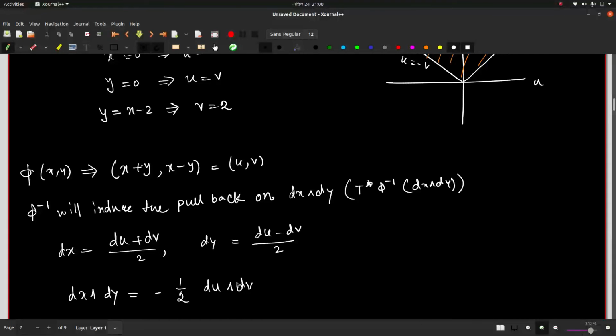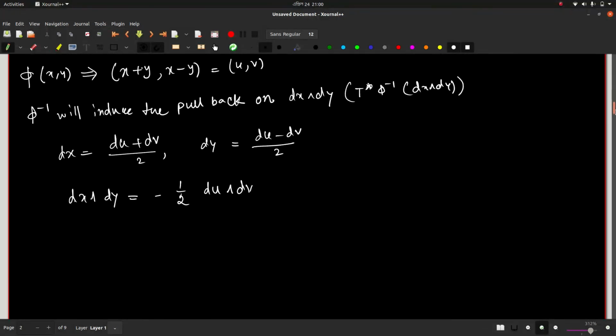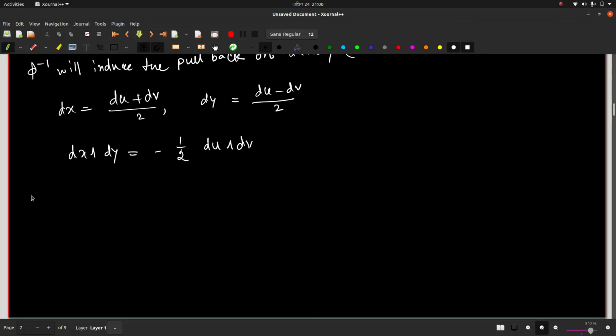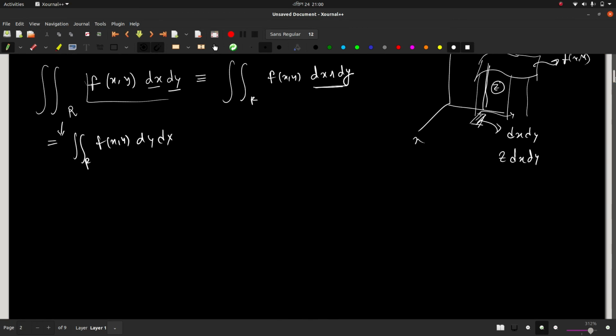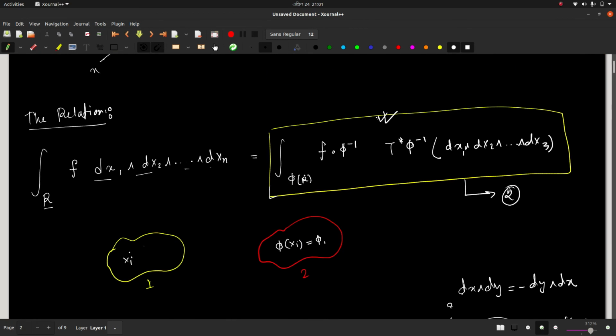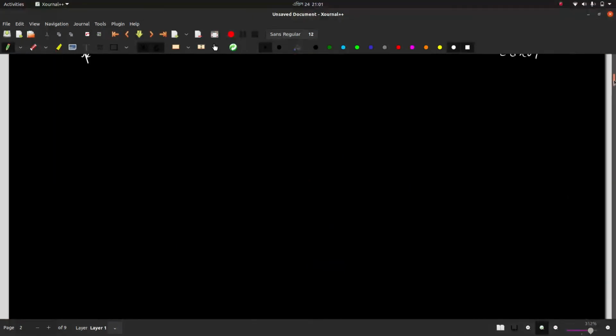Okay, so we computed the pullback on the forms. We computed how x and y transform into u and v. All we have to do right now is use this tool on equation 2 to find our integration.